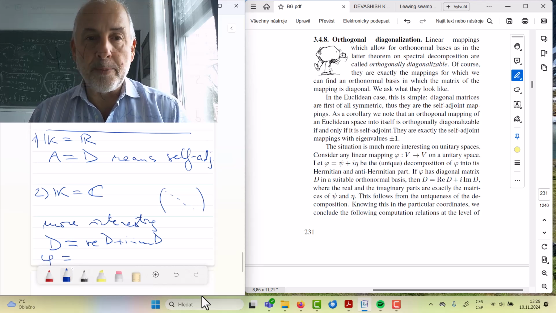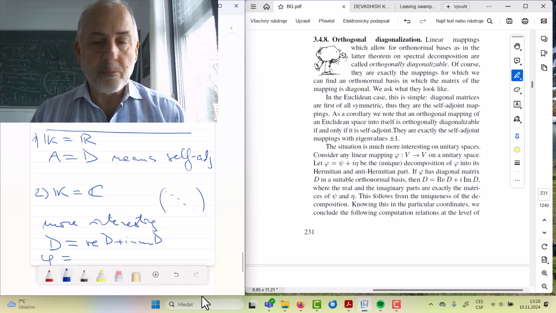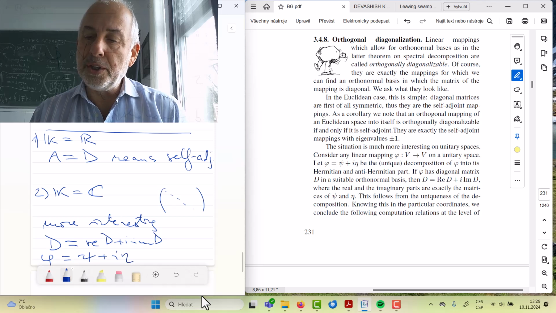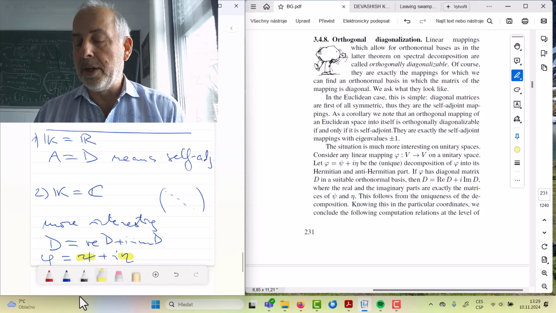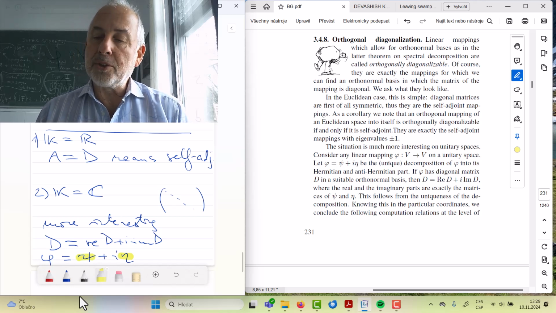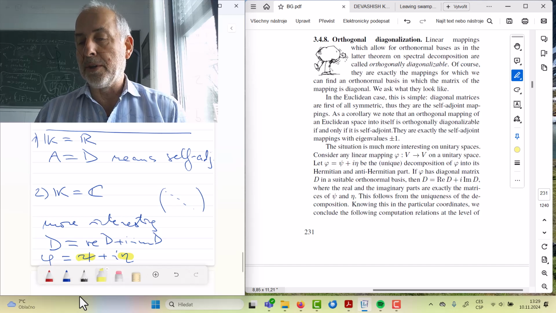And therefore, we see that the splitting of phi into, say, psi plus I eta, which we derived in the previous presentation, where psi and eta are Hermitian symmetric. So this is the decomposition as a sum of the Hermitian and anti-Hermitian part.